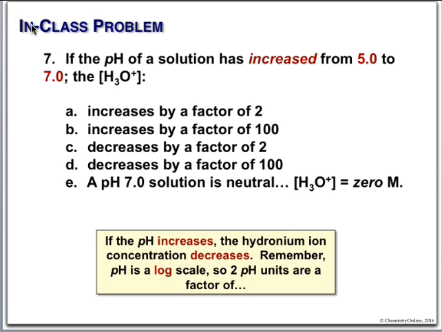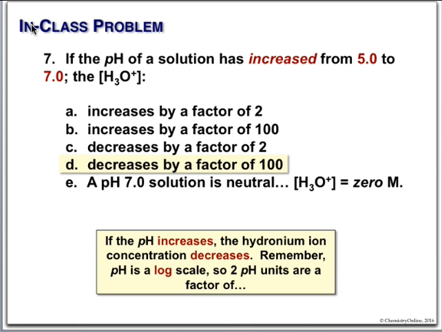It's a log scale, so 2 pH units is a factor of 100. The lower the pH, the more hydronium. So we're at 5, we're going to 7. Hydronium ion is decreasing. That's 2 log units. Each log unit is a factor of 10, and that makes 100.